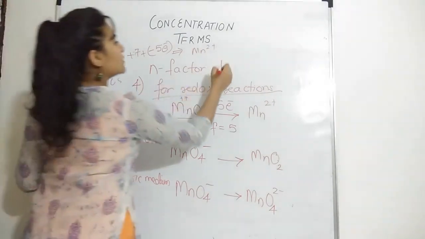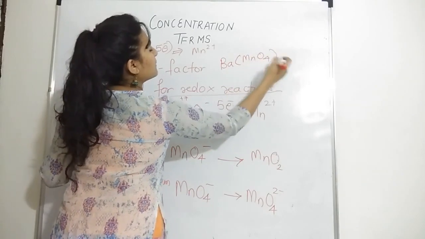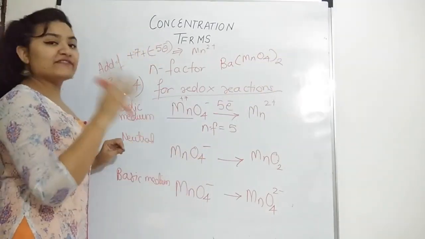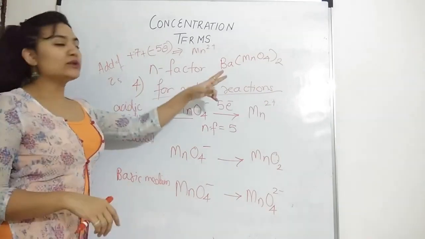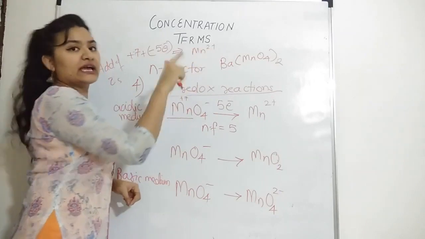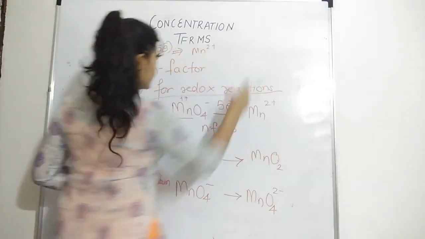But over there, if you had barium manganate, then if one MnO4 gains 5 electrons, 2 MnO4 will gain 10 electrons. So over there, the N factor will be 10. So this is something you have to keep in mind.